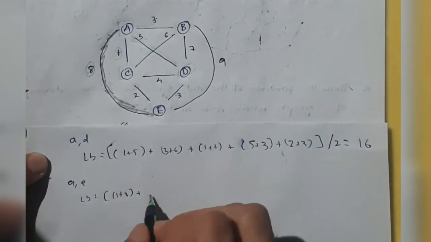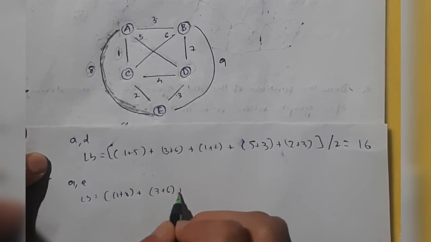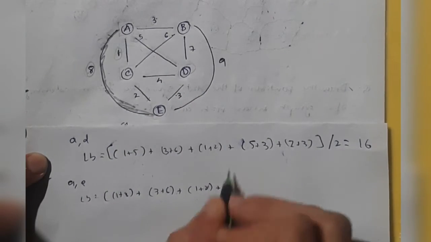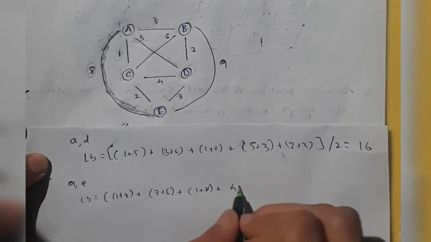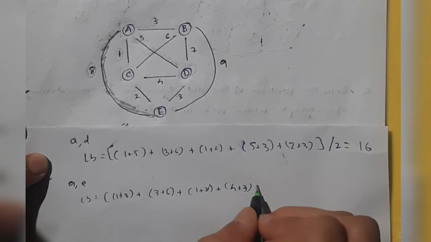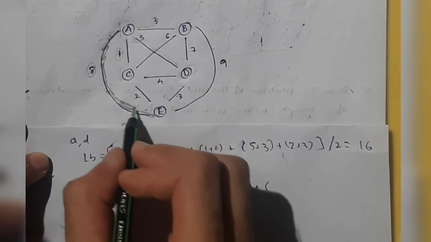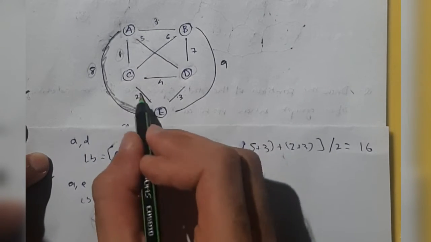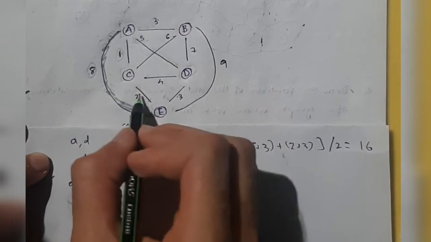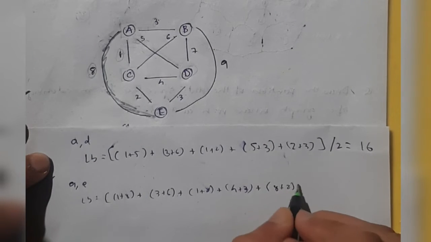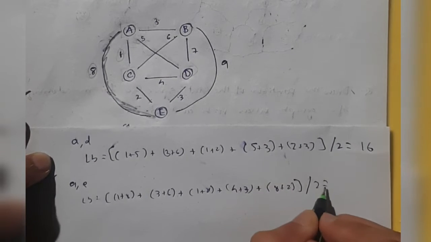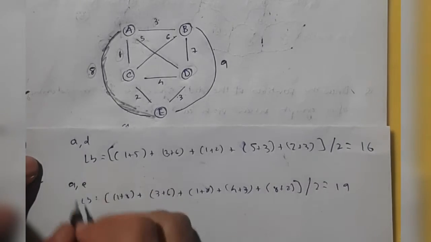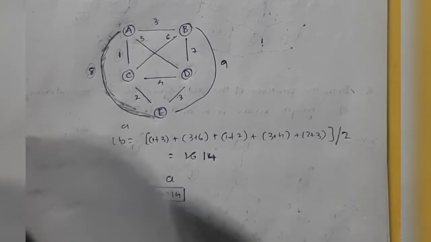Since B is not directly connected, we'll be writing 3 plus 6, and C is not directly connected, 1 plus 2, and D 4 plus 3. Coming to E, what we have is this selected, so we'll have to select 8. Then the least among 2, 3 and 9 is 2, so 8 and 2, plus 8 plus 2 divided by 2. For A to E, we'll get the answer as 19. So these are all the possibilities which we have, these 4 possibilities.